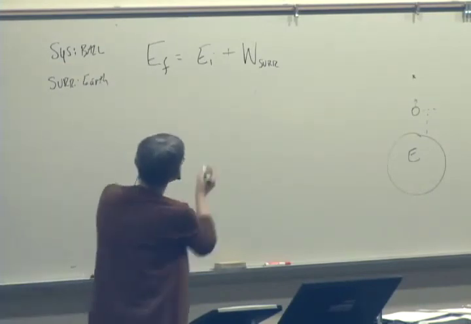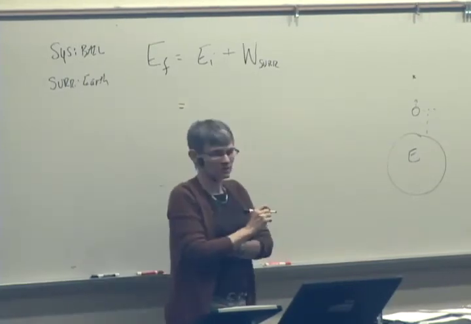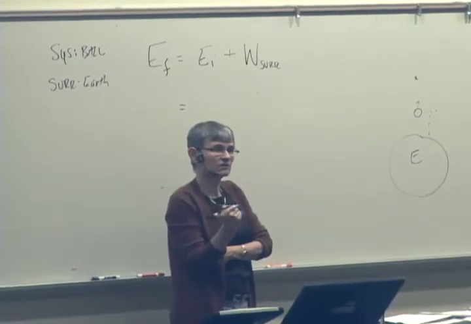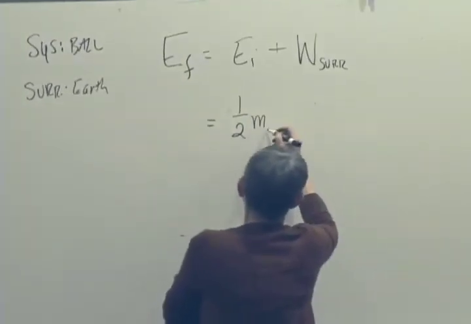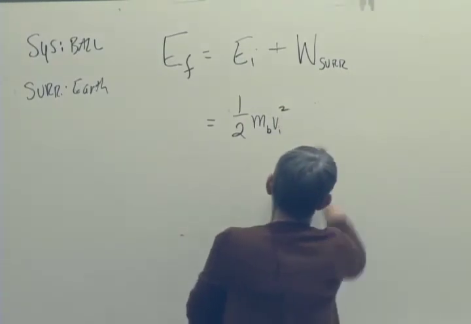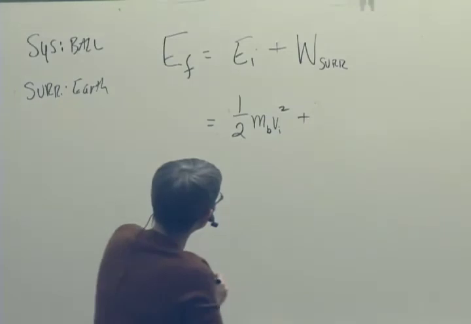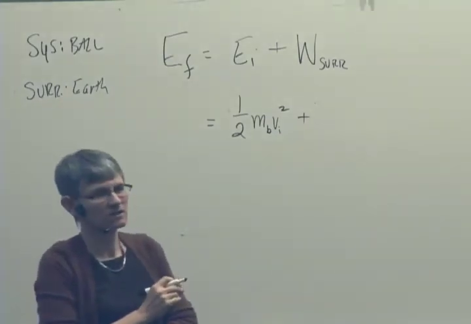Okay, so let's take the next step. The ball has some initial kinetic energy, right? Because it's got some initial speed, so it's a half m ball v initial squared. And what about its final kinetic energy?